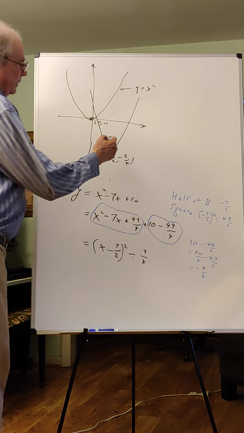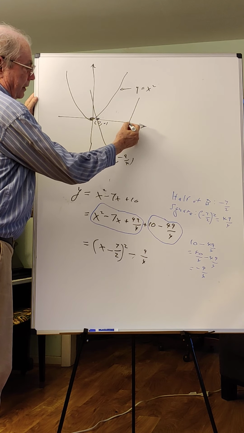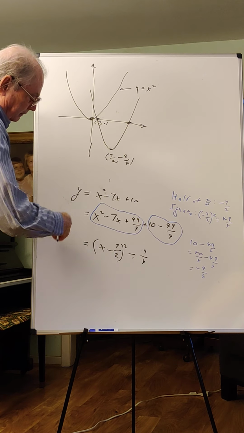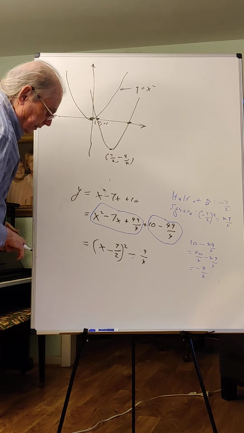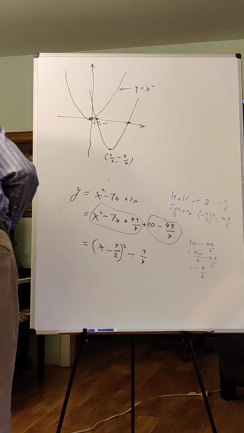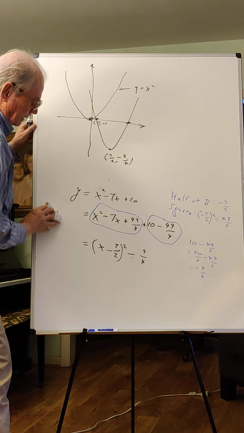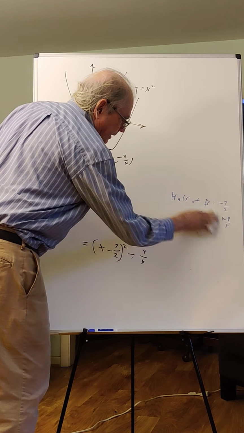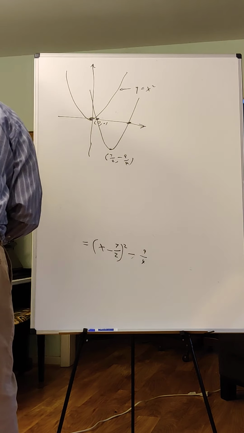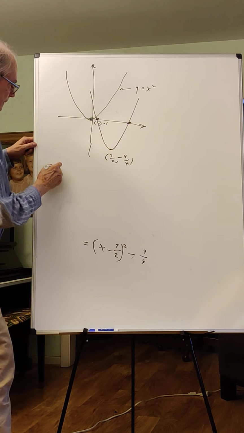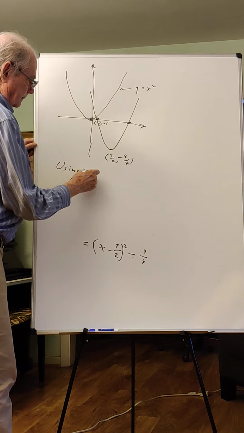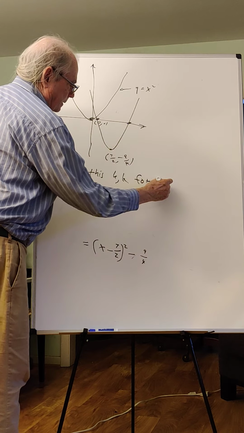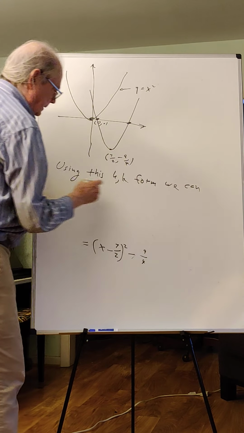Another thing we can do is quickly find out where these points are. Now you already know that because you did the homework, but it's easy to solve and see where this is 0. So let's do that. So using this HK form, we can easily find the x-intercepts of the graph. Where is that point?